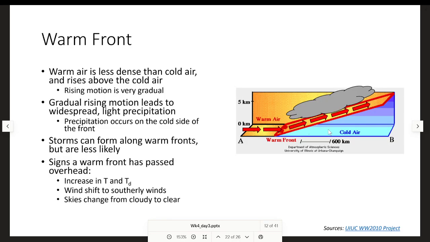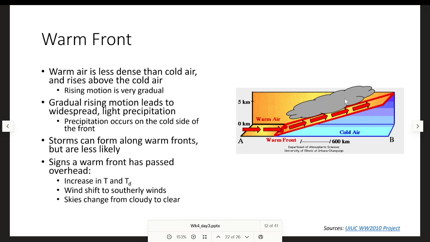So the warm air is less dense than the cool air it's blowing into. So it rises above this cold air, and it's a gradual rising motion. There's not really that much force behind it. It's just gradually rising. This can lead to light precipitation, and usually you get stratiform clouds, which are clouds that cover the whole sky.